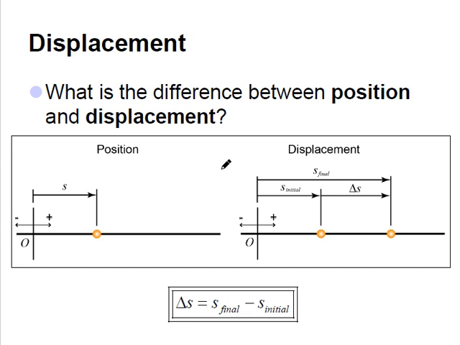All right, another dynamics term is displacement. So now you have three. The very first one is position, and then we did distance traveled, and now is your displacement.